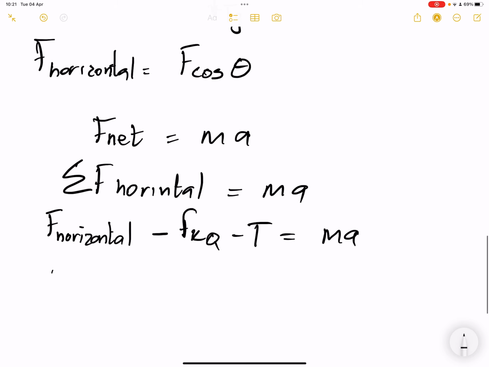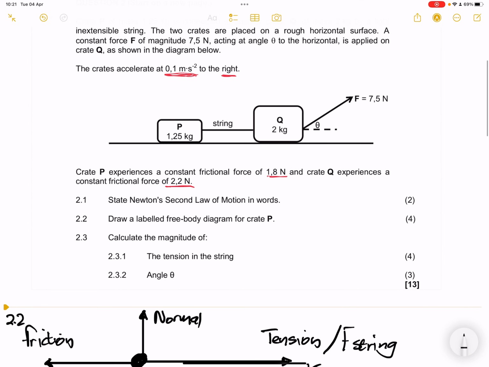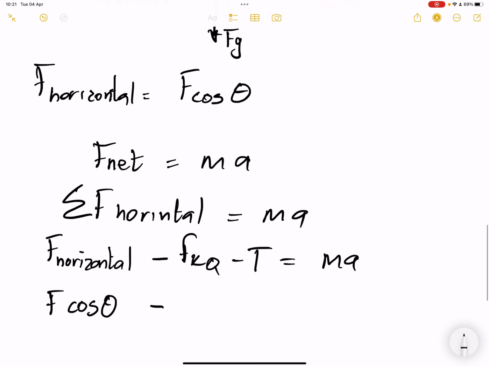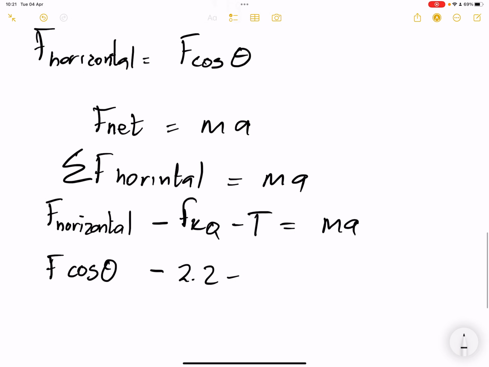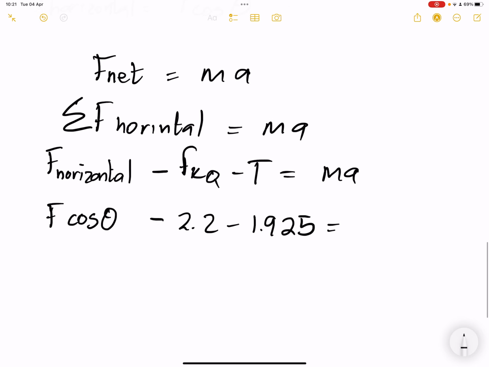So this is going to be F cos of the angle theta, minus the friction. They told us that the frictional force is 2.2 for Q, so that's 2.2, and we subtract 1.925, and the mass of Q, I believe, is 2 kilograms, and the acceleration is 0.1. So that's 2 times 0.1. And just to keep in mind that force F is actually 7.5.